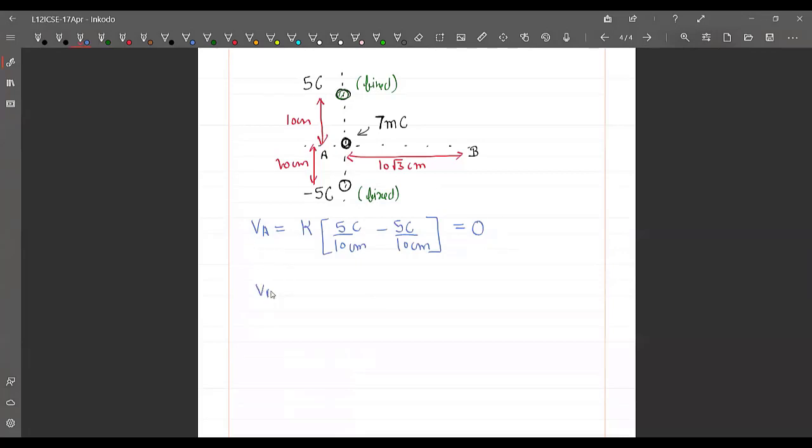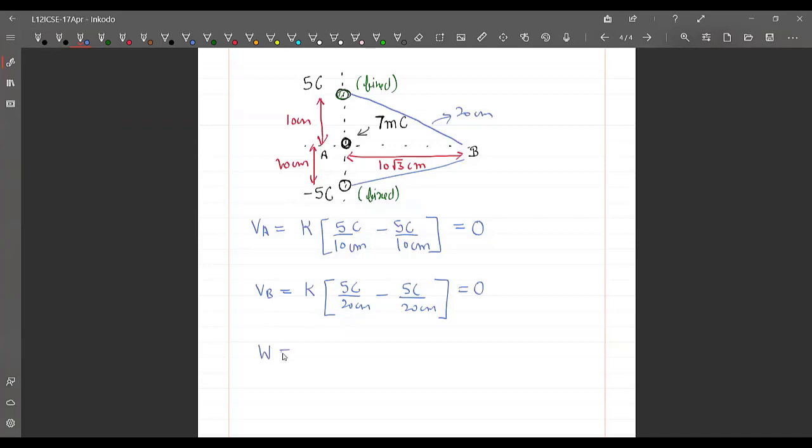I can also find potential at point B, and this distance, if you calculate, it is 20 centimeter. Again, potential will be 5 coulomb by 20 centimeter minus 5 coulomb by 20 centimeter. Again, the potential is 0.